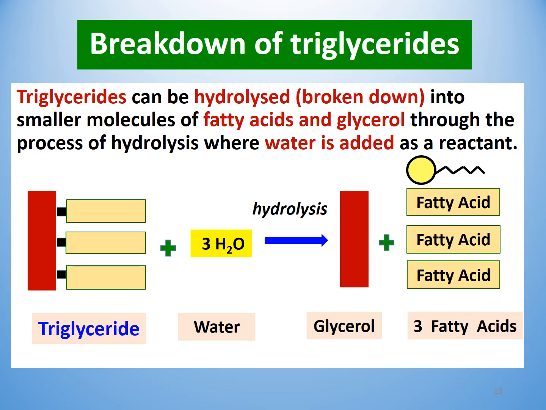In your learning outcomes, you have to discuss the formation and breakdown of triglycerides. We already discussed the formation, now the breakdown. Triglycerides can be hydrolyzed or broken down into smaller molecules of fatty acids and glycerol through the process of hydrolysis, where water is added as a reactant. This is the reverse of condensation.